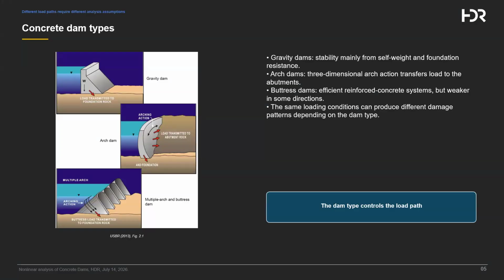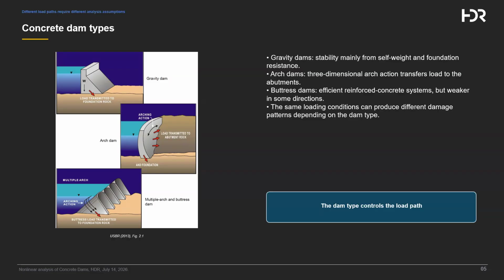As you may know, not all concrete dams behave in the same way. Actually, the dam type controls the load path, therefore it controls the assumptions we make in the analysis. Gravity dams, the first one on the screen, the top one, mainly rely on their self-weight and foundation resistance to maintain stability.